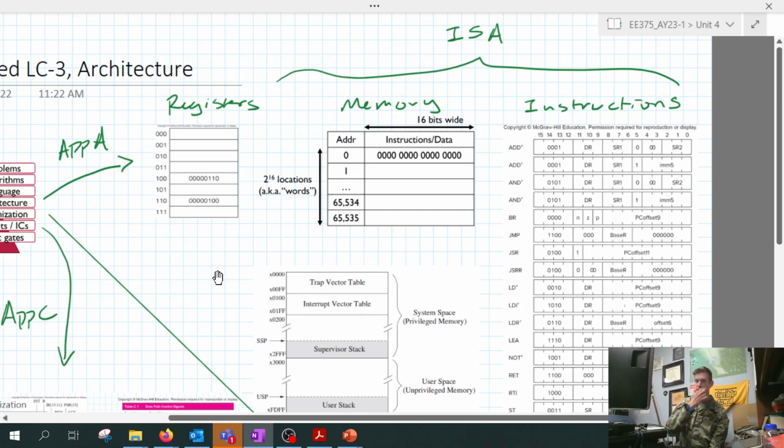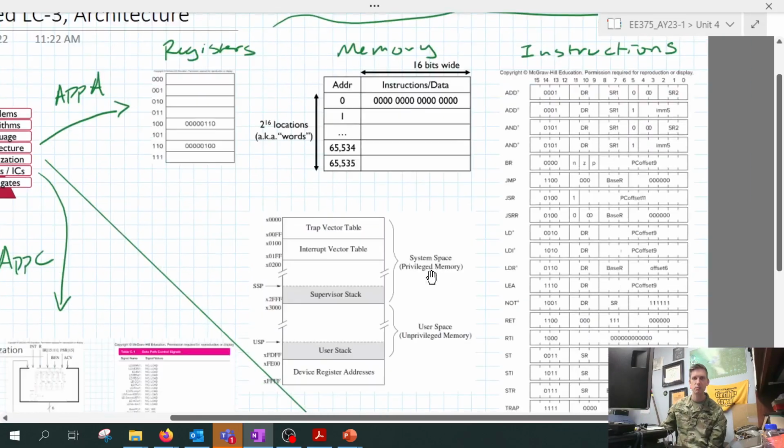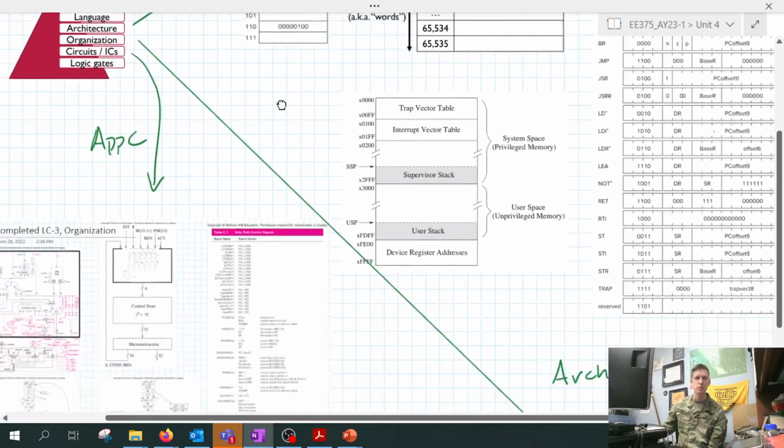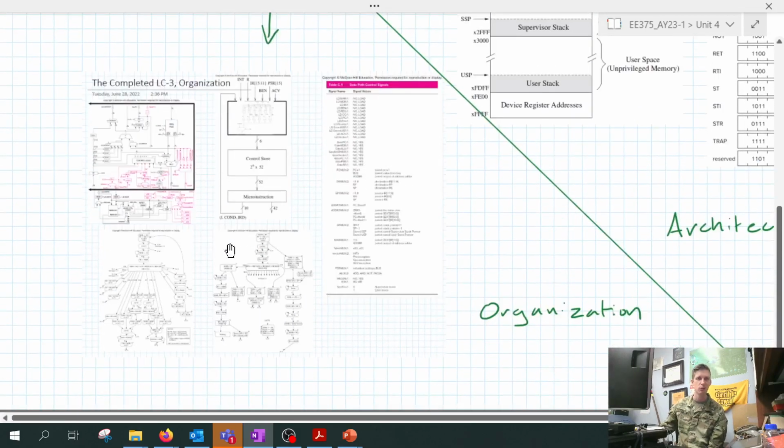It's a specification which has no implementation just yet, and so just about anything in Appendix A is going to be independent of how the LC-3 is actually built. If you're in Appendix C and we're talking about control signals and state machines and data path elements and stuff like that, then we're firmly into the realm of implementation, and the organization.